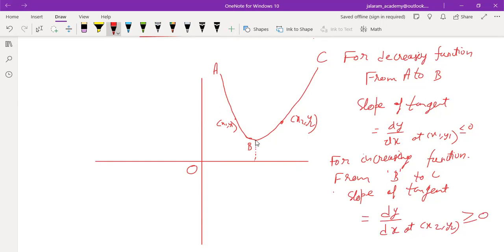But at point B, look at this point B. At this point, dy by dx is equal to 0.